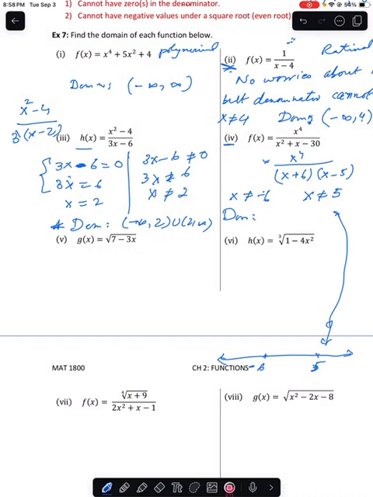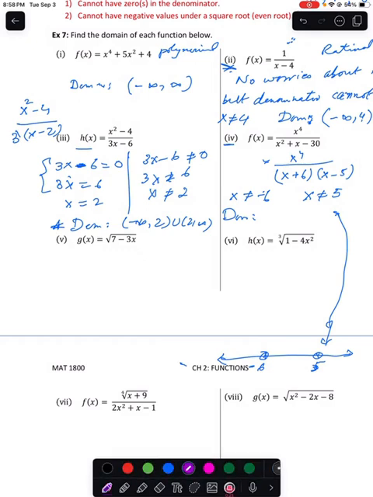We have to throw these away, so you make holes, open circles, don't fill them. Because these are holes, they are thrown away. Now you read from negative infinity until here.